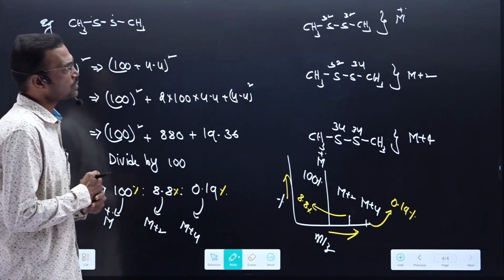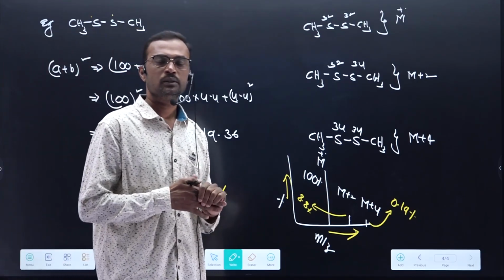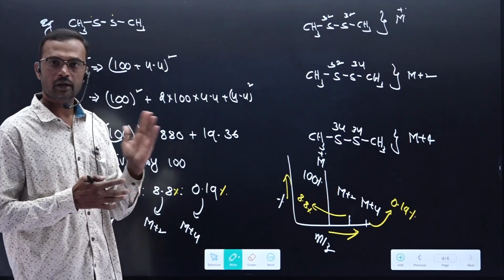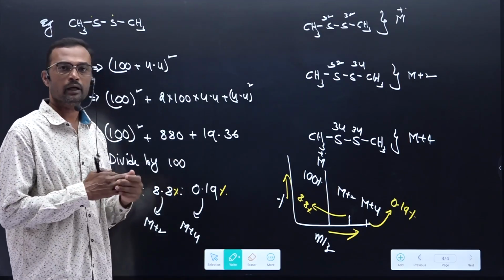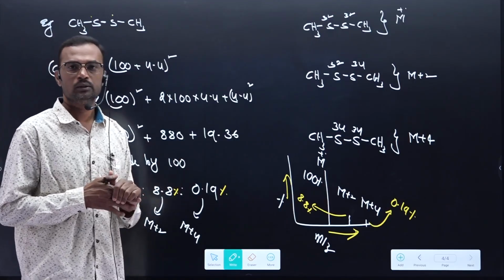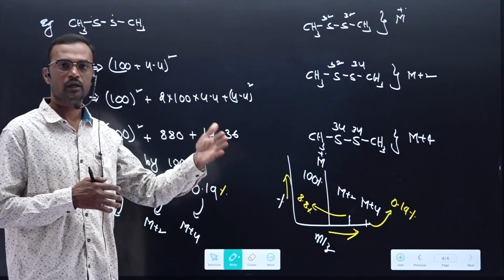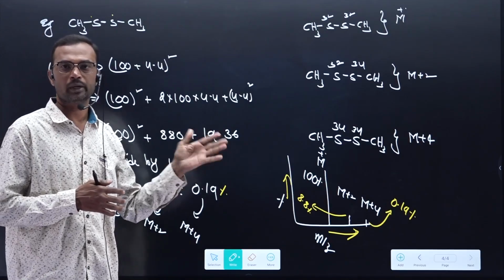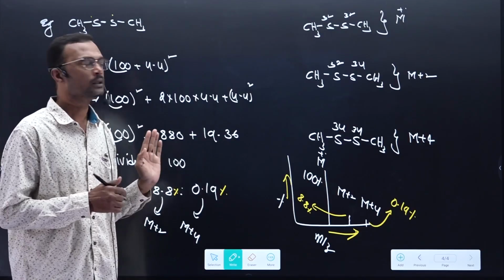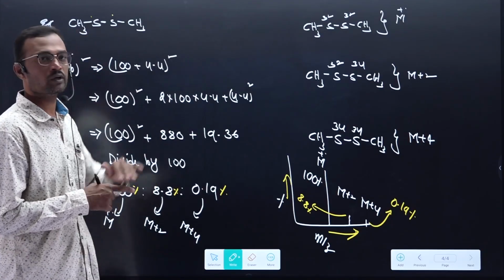So in your next class you will see what are multiple charged ions and molecular ion interaction ion, and one more is metastable ion, and finally negative charged ion. So almost all maximum ions are over. First we discussed about molecular ion, next fragment ion, even electron, odd electron, finally isotopic ion. Only isotopic ion it will take some time, but definitely it is the most important for your examination. So next ions are very easy.